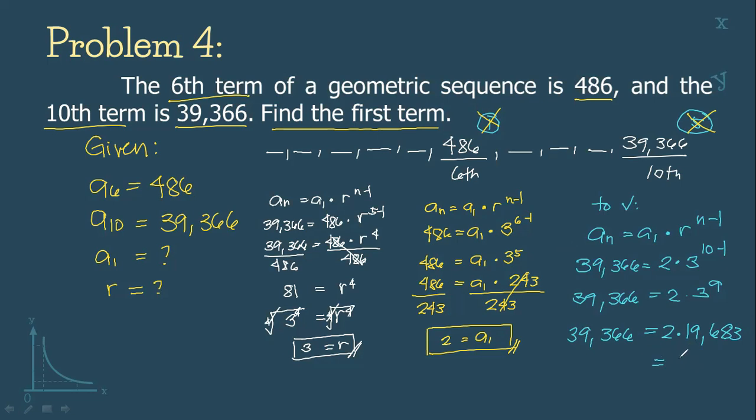So, equal siya by 39,366, which actually balances our equation. Kung makikita nyo po, indeed, si last term equal po siya dito kapag isinubstitute natin yung first term natin and our value of the common ratio. So that, my dear students, is the correct answer, meaning to say our first term is 2.